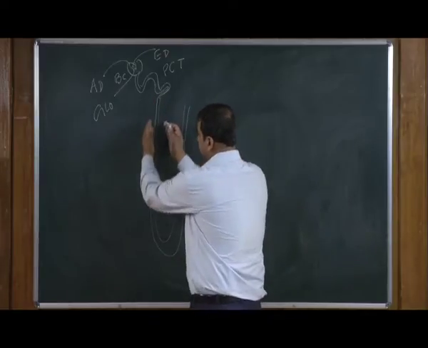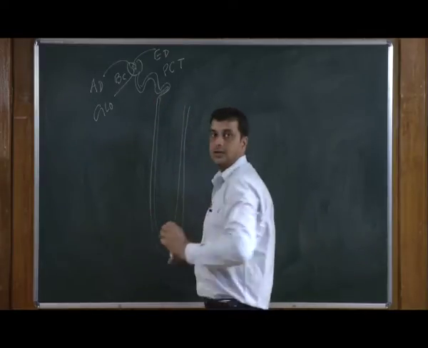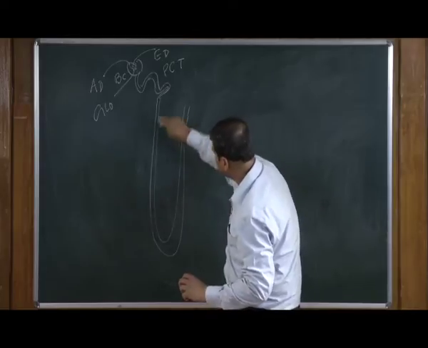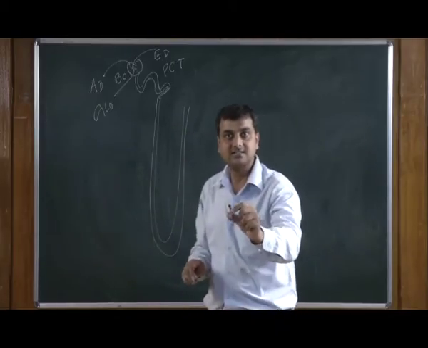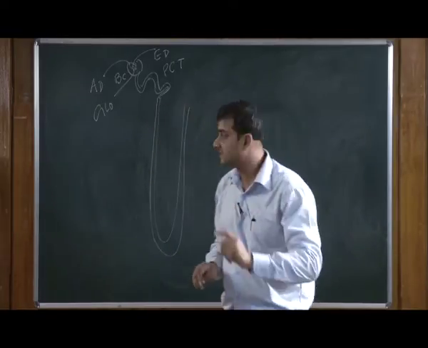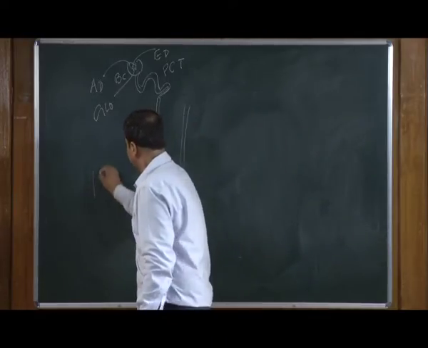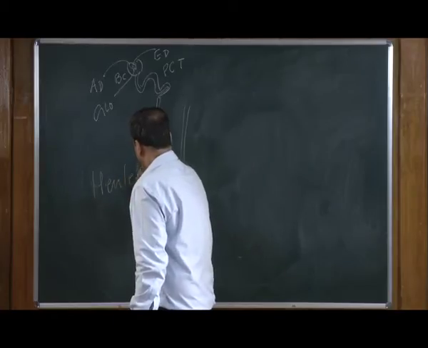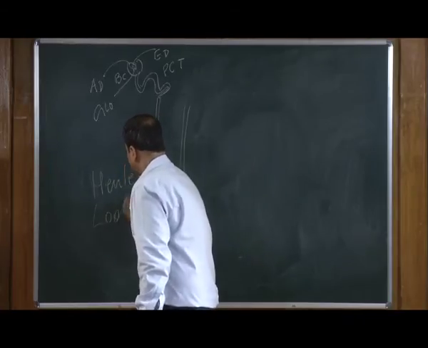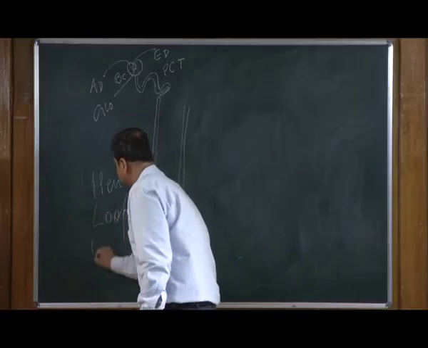In the beginning it is thick, and then it narrows down uniformly, forming a U-shape. We will discuss the physiological importance of this structure in later classes. This is called Henle's loop, named after the scientist, and it is nothing but a U-shaped loop.